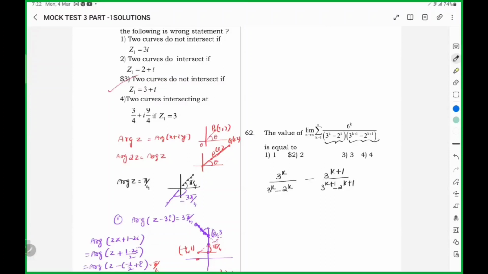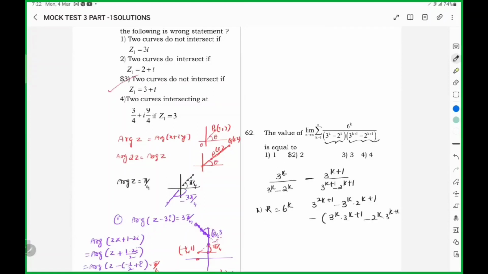Let us see after simplifying this, whether we get the required expression or not. Numerator is 6 power k into (3 power k plus 1 times 2 power k plus 1 minus 3 power k times 3 power k plus 1 times 2 power k).